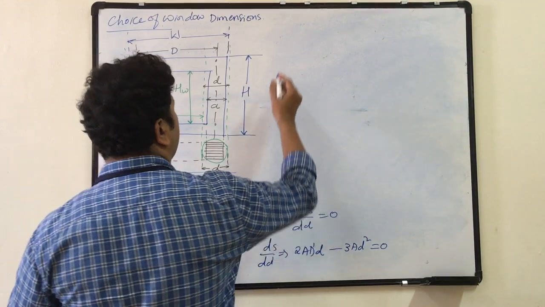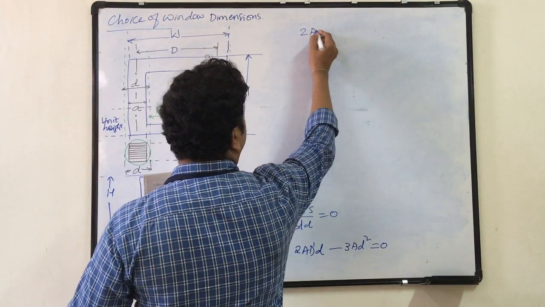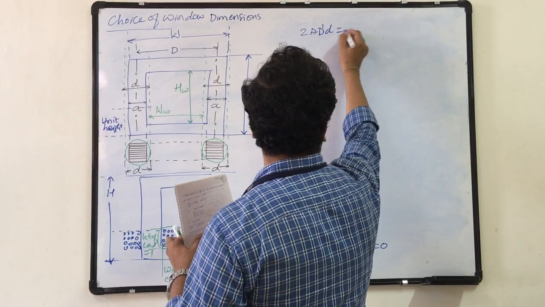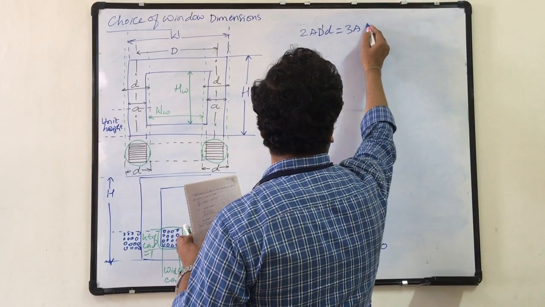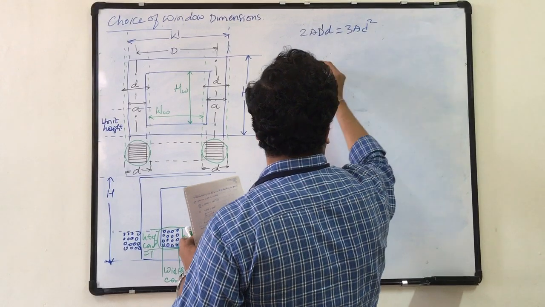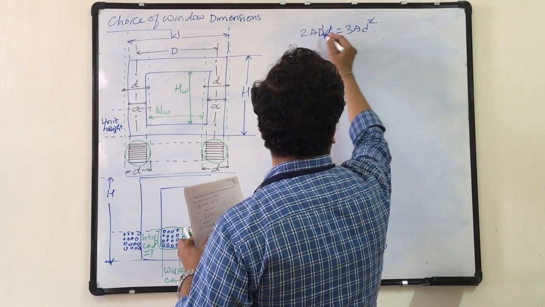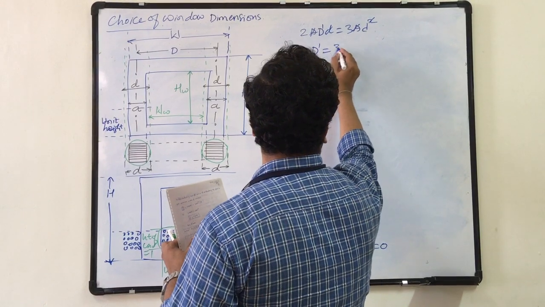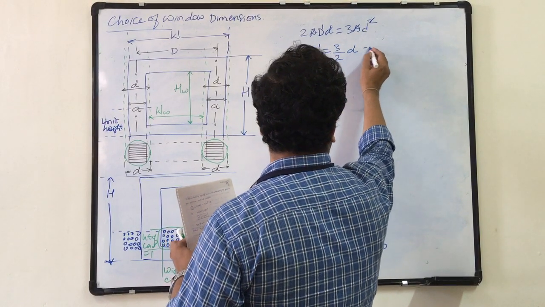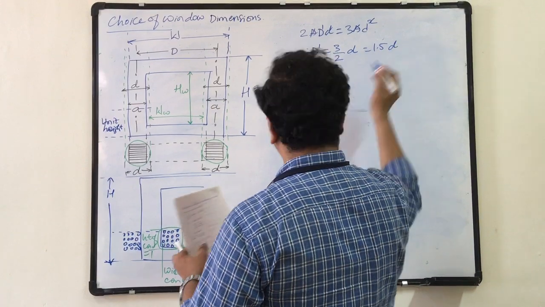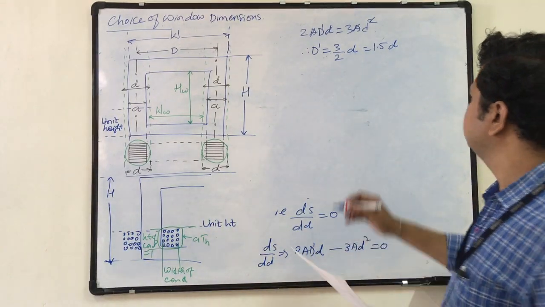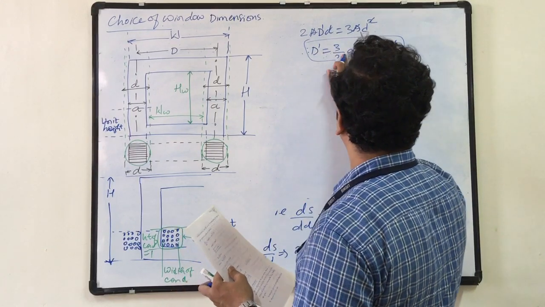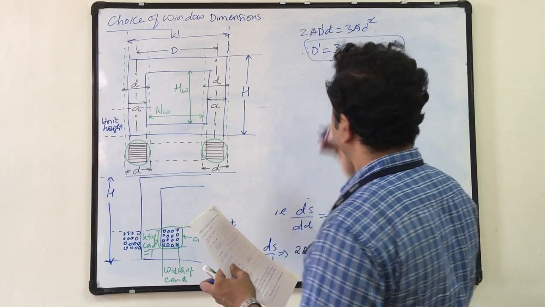So I can write 2A D dash into D is equal to 3A D square. One D will get cancelled, A will get cancelled. Therefore, D dash is equal to 3 by 2 into D, that is 1.5 into D.